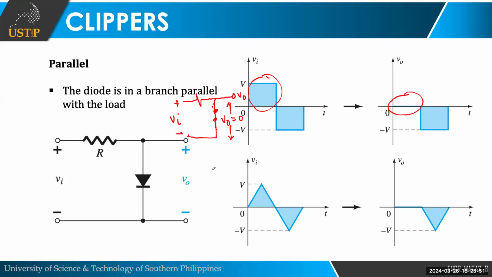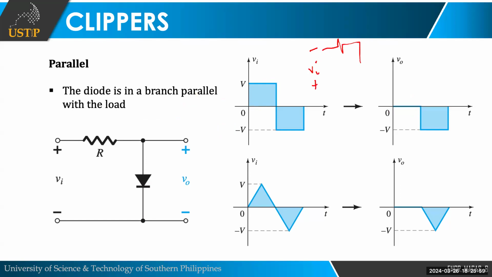Okay. During the negative cycle, unsa pa mahitabo? During the negative cycle, this will become an open circuit. So may muna siyang negative, positive VI diri. You have the resistor. Since reverse bias man, open ra na imong circuit. So the output, unsa man imong output diri? Of course, kung imo na i-measure direct tester, you're basically just reading the value of your input.